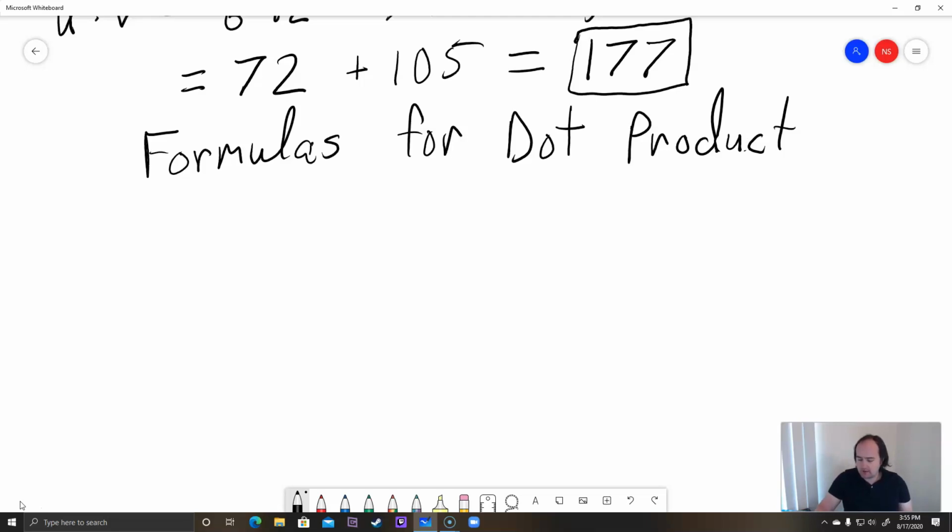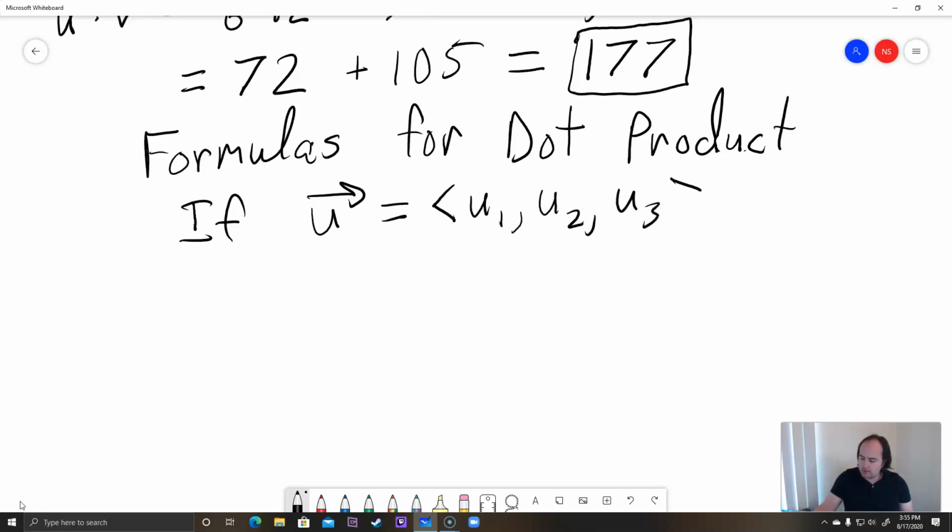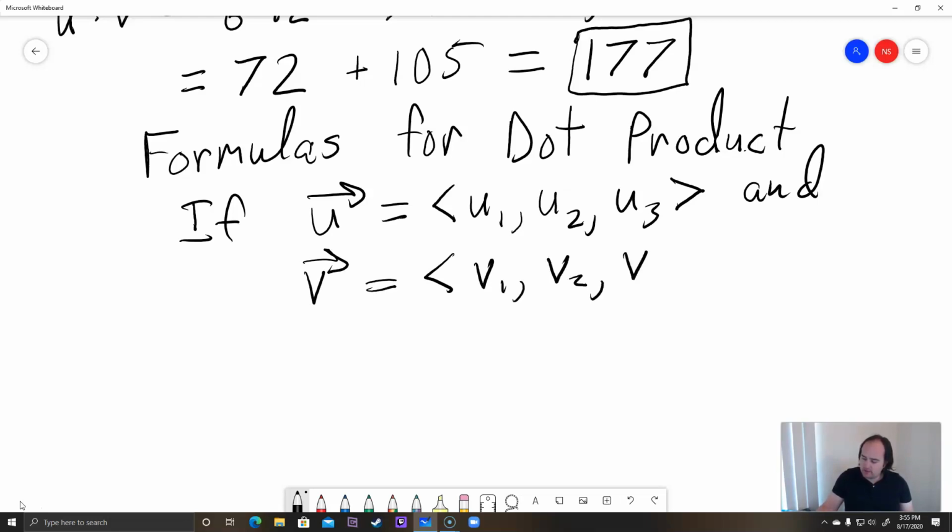So if you have two vectors u and v, so if you have vector u equals the component form u1, u2, u3, and vector v is equal to v1, v2, v3, we have the following formulas.